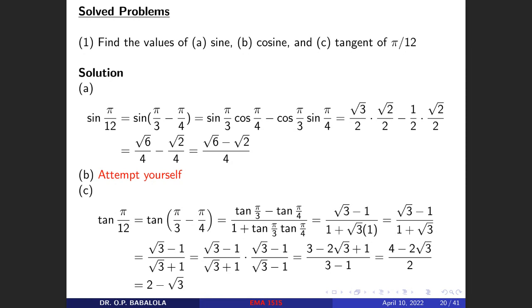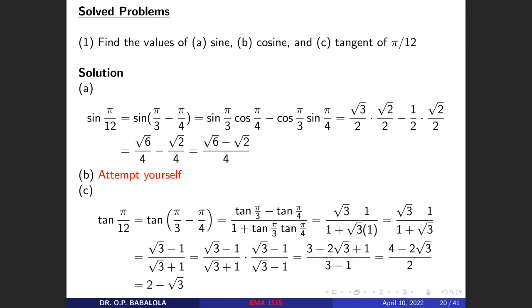Remember, pi over 12, as it is, we cannot use the addition formula for it. As it is, we cannot use the subtraction formula for it. As it is, we cannot use double angle for it. As it is, we cannot use half angle to solve this.